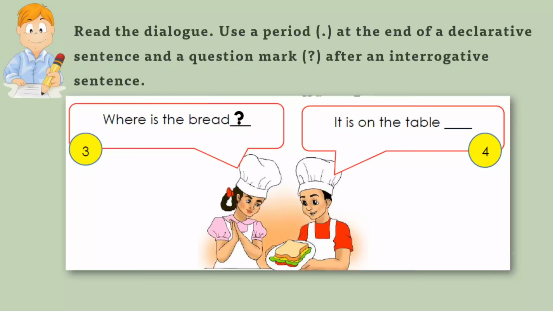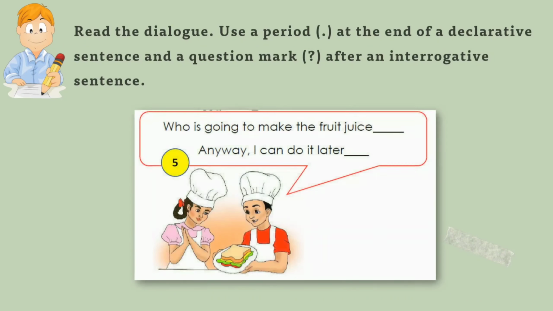Number 4. It is on the table. What punctuation mark is best for this sentence? Excellent. We will use a period. Number 5.